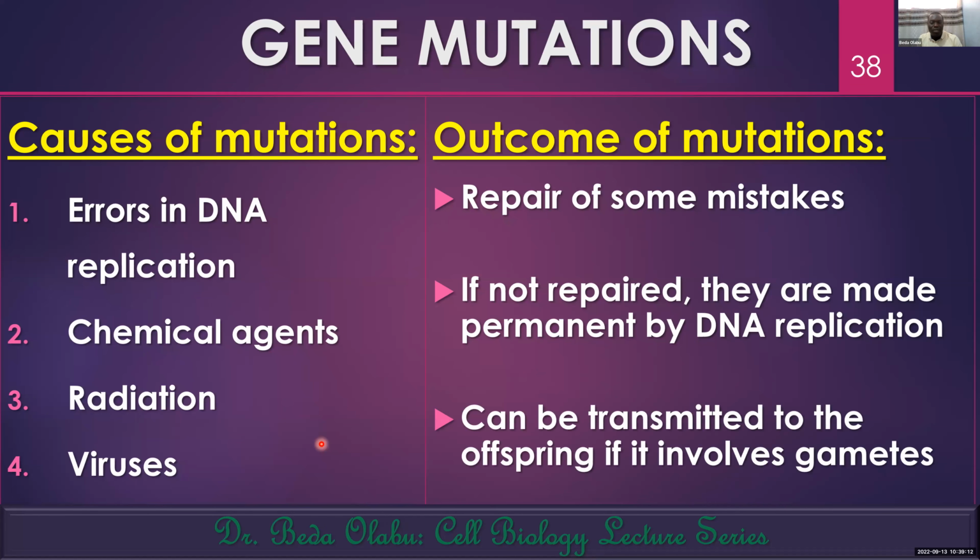These mutations can be carried on to offspring if the mutations involve the germ cells, the sperm and the oocyte. So if they just involve the somatic cells, you cannot pass that on to your babies. But if the mutations involve the gamete cells, then you can possibly pass that mutation to your offspring.